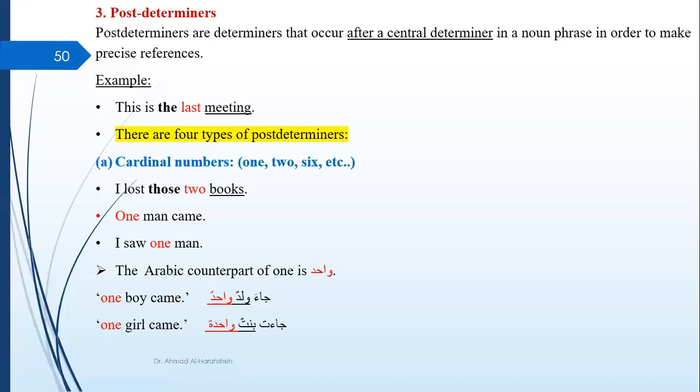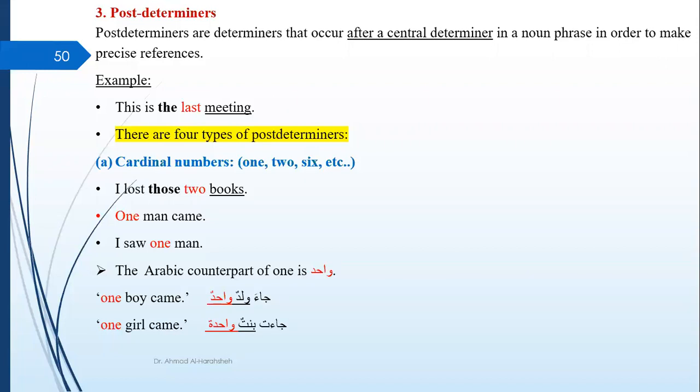The Arabic counterpart is واحد أو اثنان أو ثلاثة. But we should understand that we have gender inflection in Arabic. In English, we say one man, one woman.